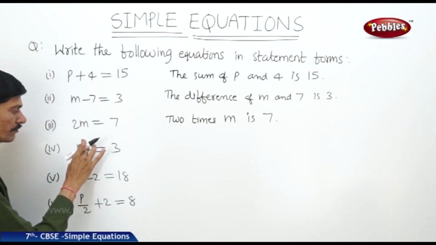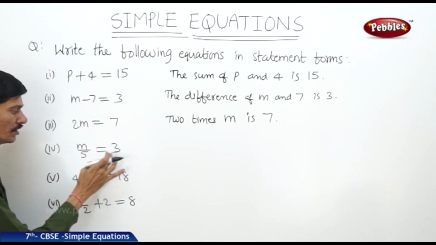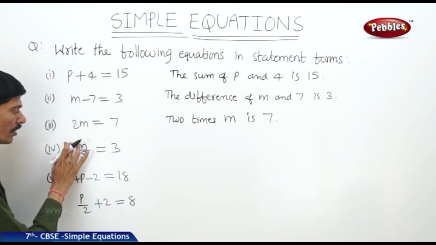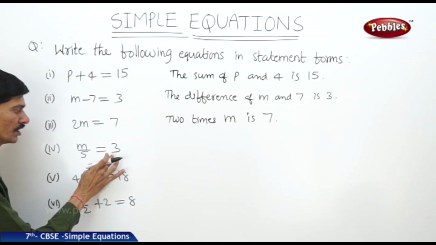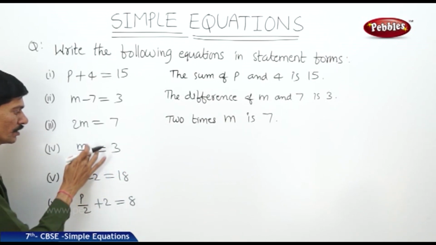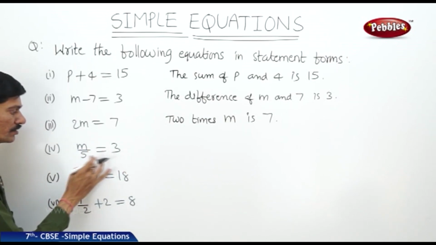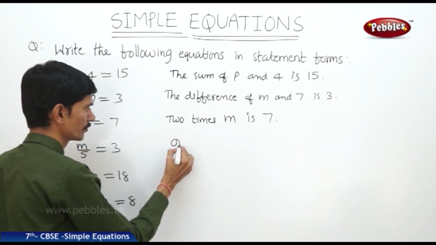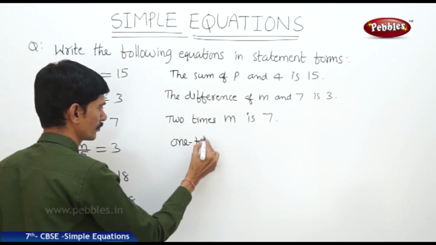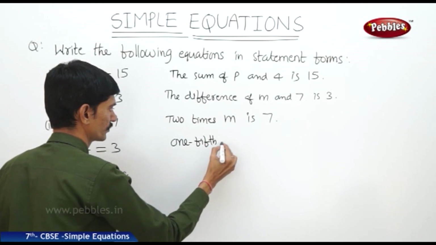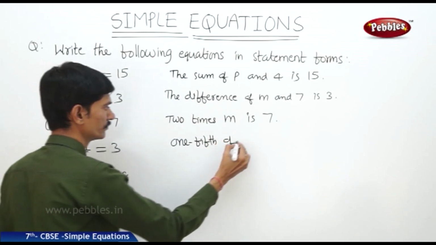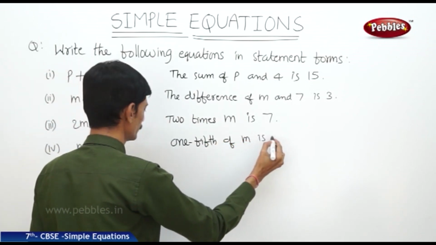So the quotient of m and 5 is 3, or we can write 1/5 of m is 3, or we can write m divided by 5 is 3.